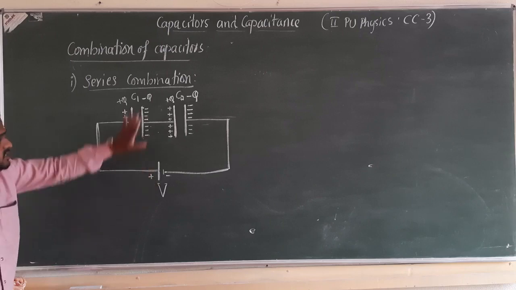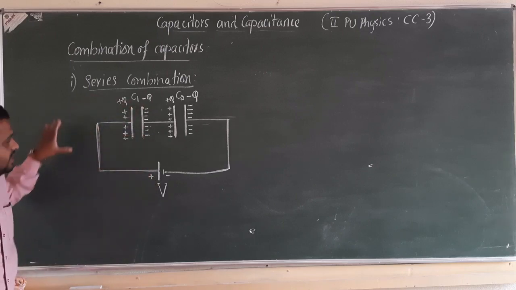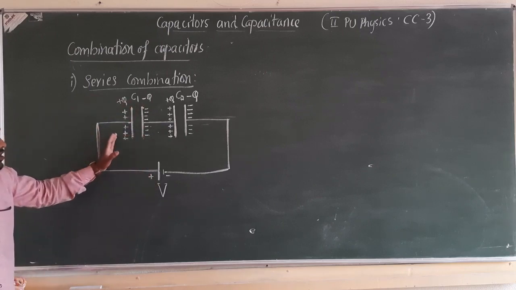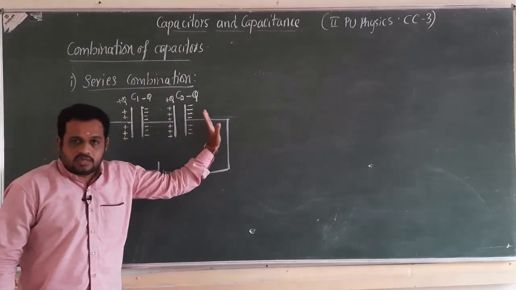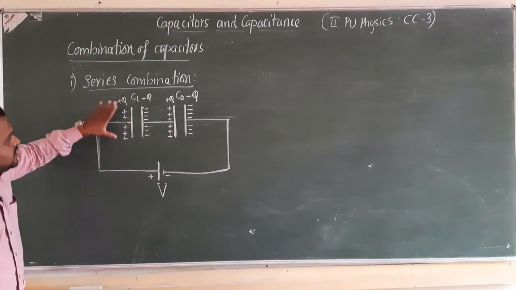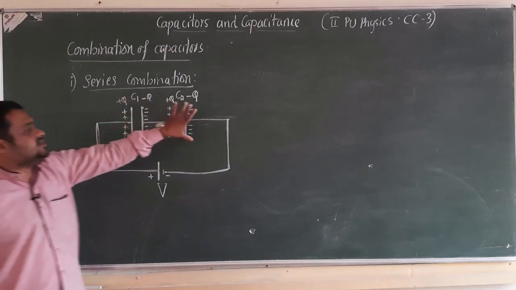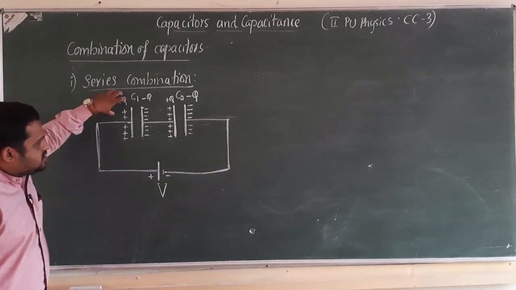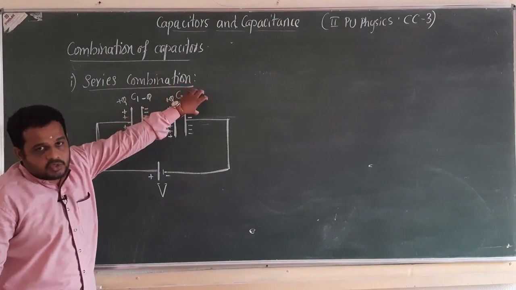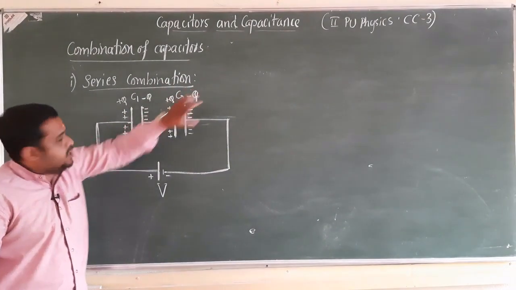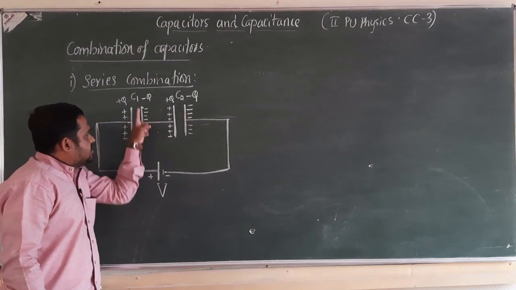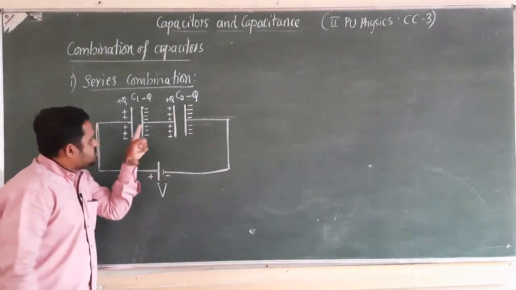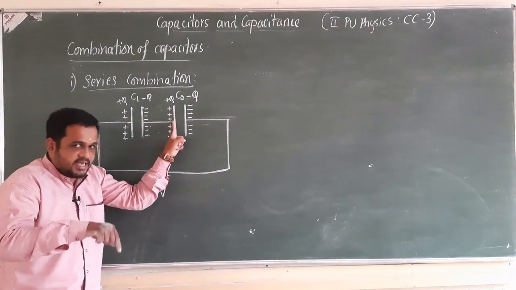Battery charges the combination, removes the electrons from the first plate of the combination and delivers the electrons to the last plate of the combination. So this plate becomes positively charged and this plate becomes negatively charged. If plus q is the amount of charge here, the same amount of charge will be stored here, that is minus q. Next, this part is a conductor, two conducting plates connected by a wire which is once again a conductor.